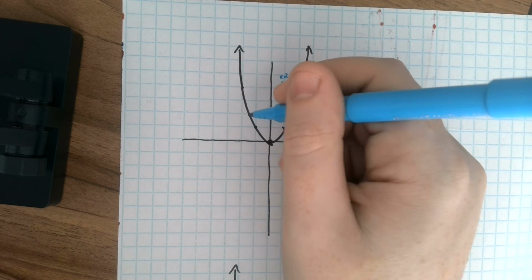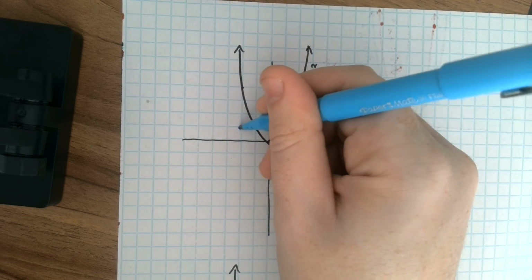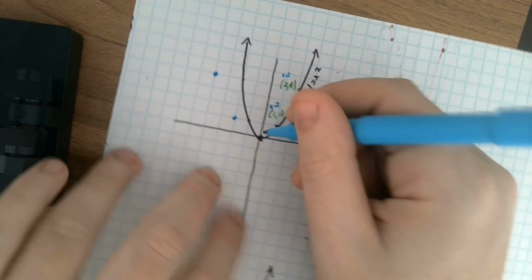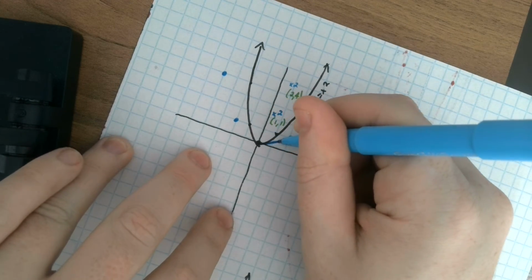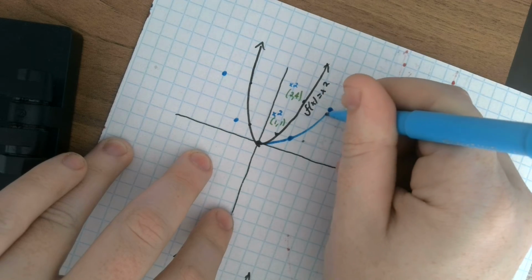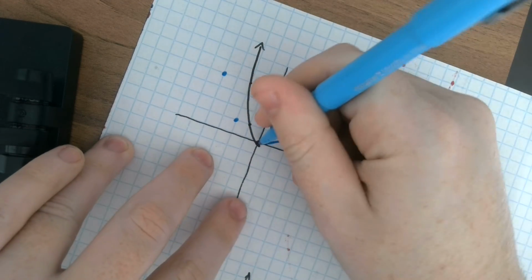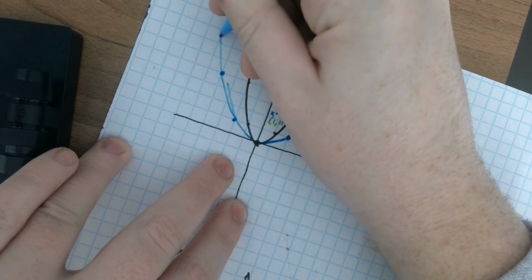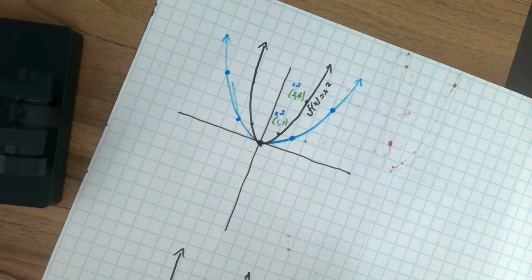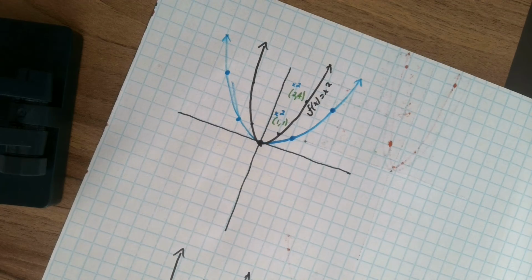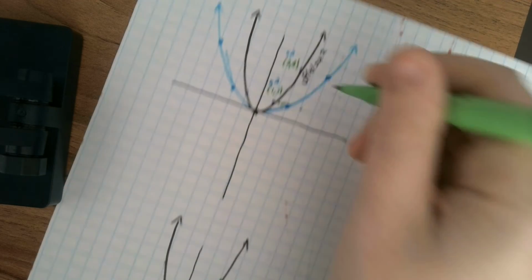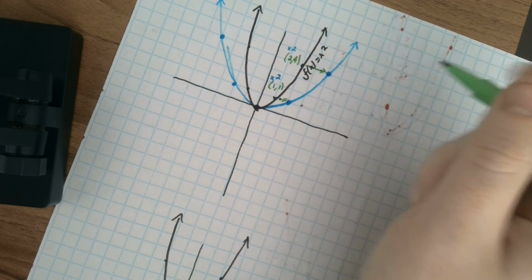Our parabola is going to become twice as wide. So it's going to look something more like this. There we are. That's twice as wide because all of our x values got shifted to be twice as far away.